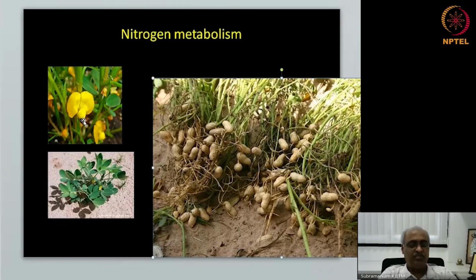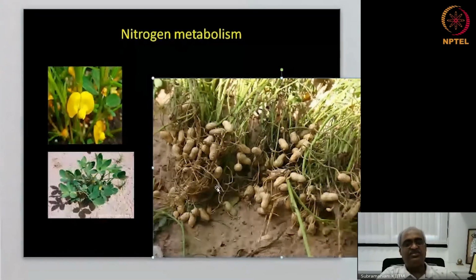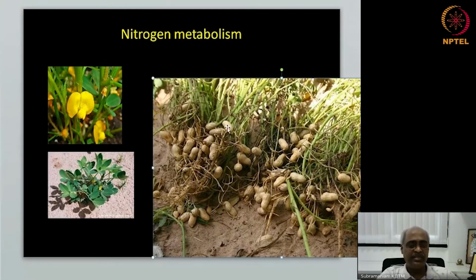And these plants are absolutely pivotal for the nitrogen metabolism among the living organisms that we have. So we will see that one step at a time. This is the aerial view of the plant, and from the branches, it has root-like structures going into the soil, and in the soil you have the seeds. Okay, the pod, and if you open the pod, you will find mostly 2 seeds.